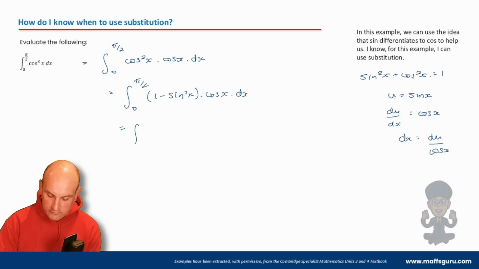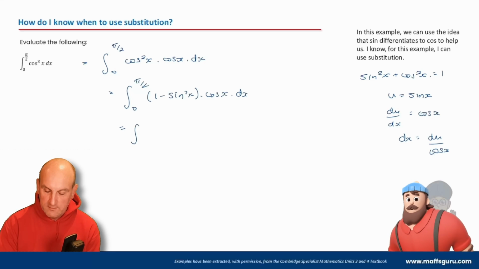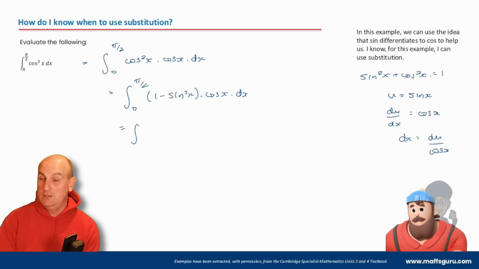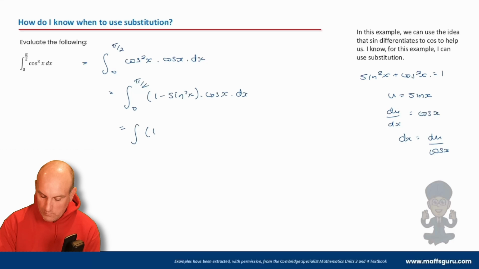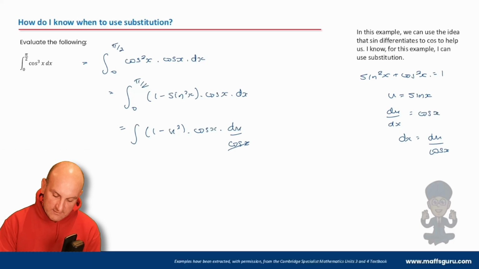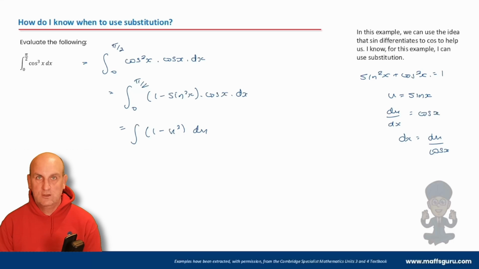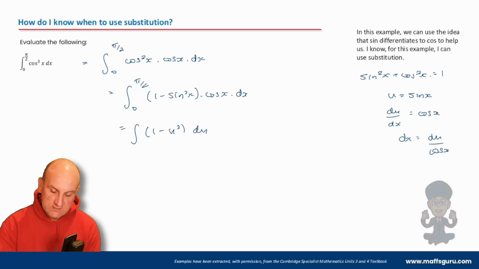Now, if you remember, once we change it into u, we can't use the same terminals because it doesn't make any sense. That became 1 minus u squared times the cosine of x. dx became du on the cosine of x, they cancelled, and ultimately that just became du, which made life a lot easier. So it was using substitution, it was using the trig identities.